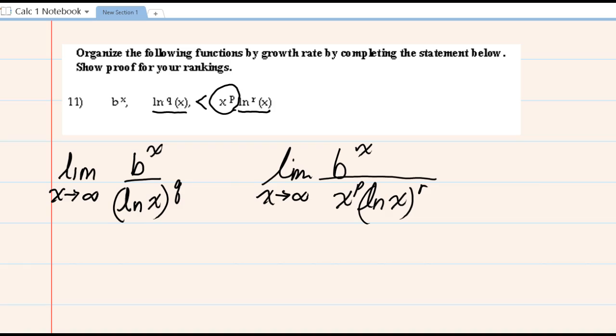So really what we need to do is decide if b to the x is faster than either one of those, right? So we want to see if it's faster than the natural log of x to the q power, or we want to see if it's faster than the faster one, which is x to the p times the natural log of x to the r power.